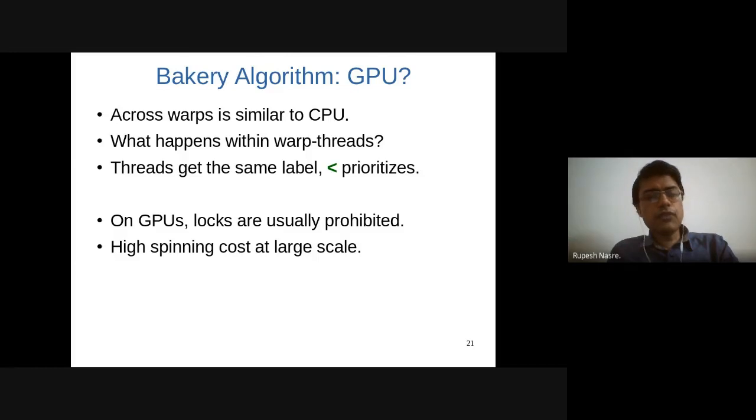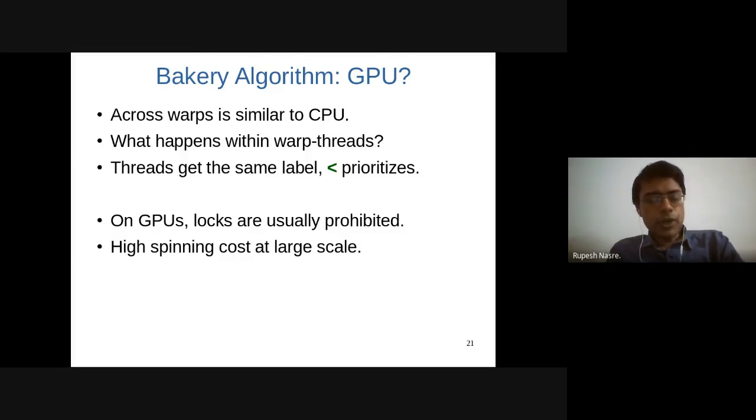So the cost involved is much higher, and rightly so, because GPUs are traditionally meant for data parallel operations where things are mostly independent. Synchronization is not the primary concern of traditional GPU algorithms.